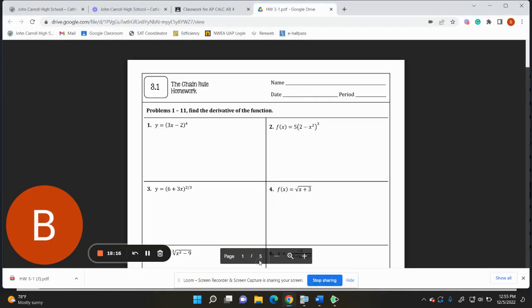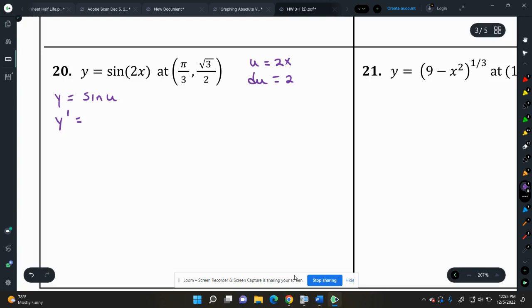Cosine u times the derivative of u. So that gives me cosine of 2x times 2. So y prime equals 2 cosine 2x.